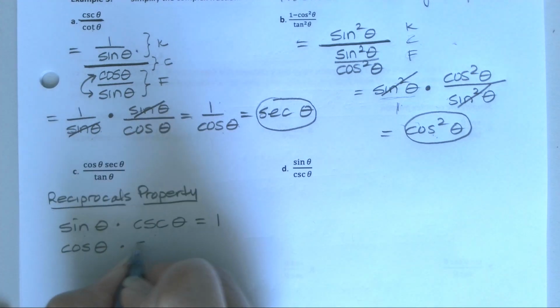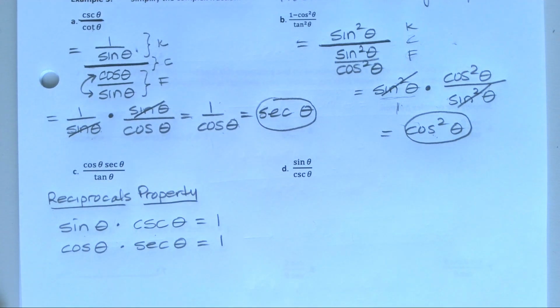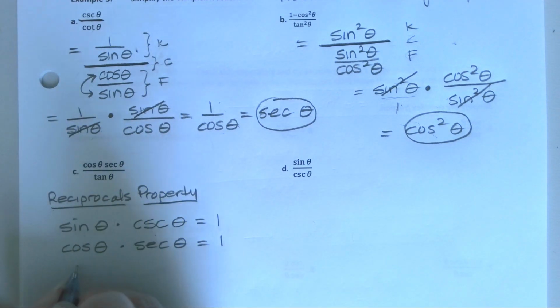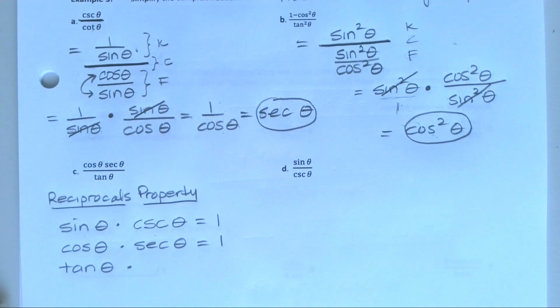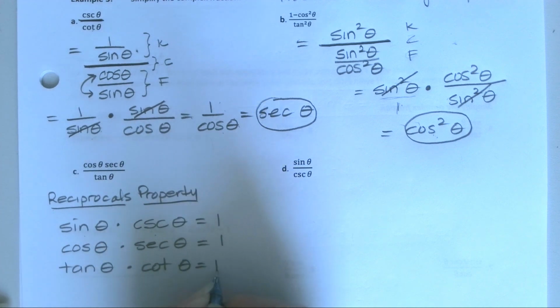Very good. The secant one, you will also get 1. And lastly, if you have tangent theta and you multiply it by what? COT, cotangent theta, you will equal 1.